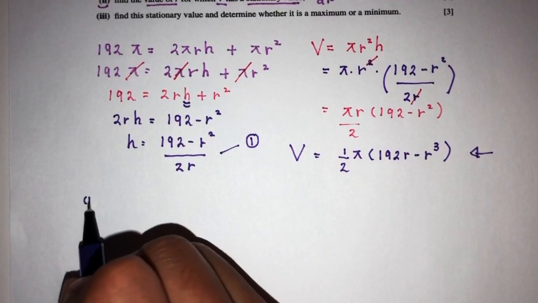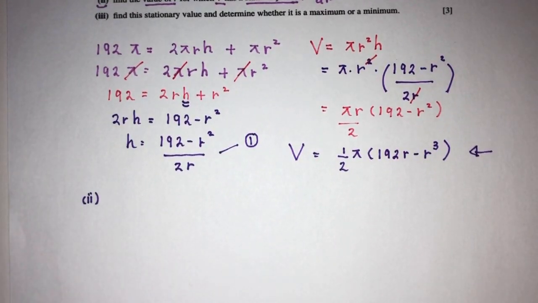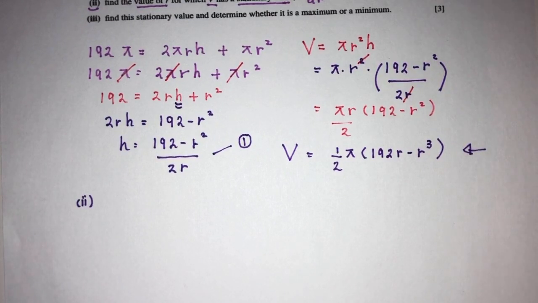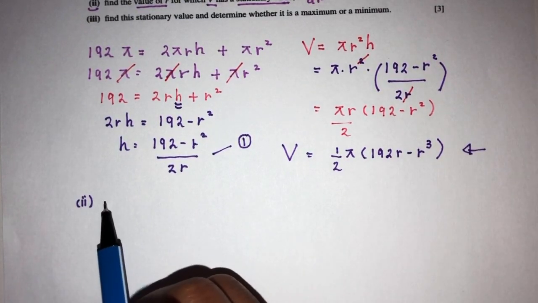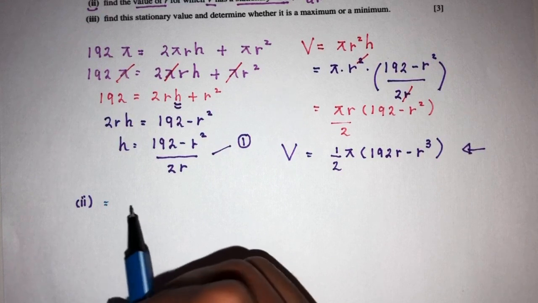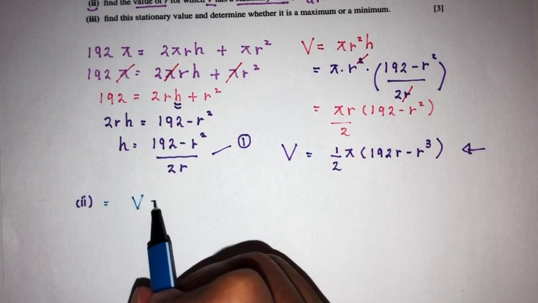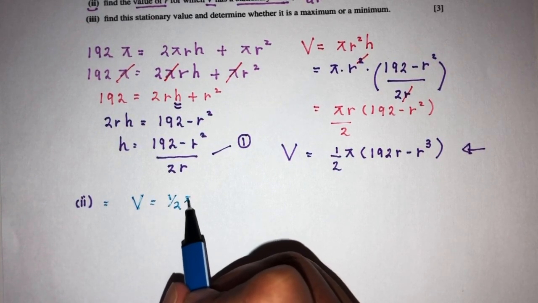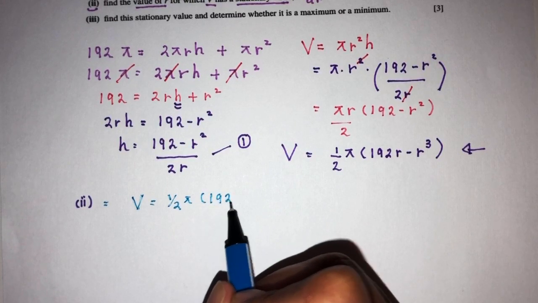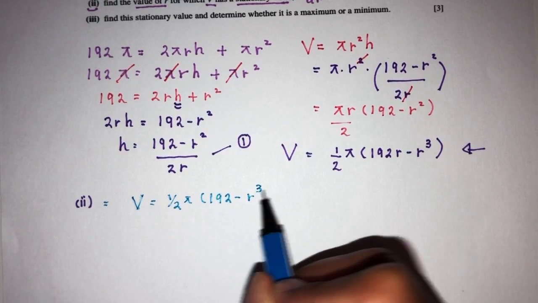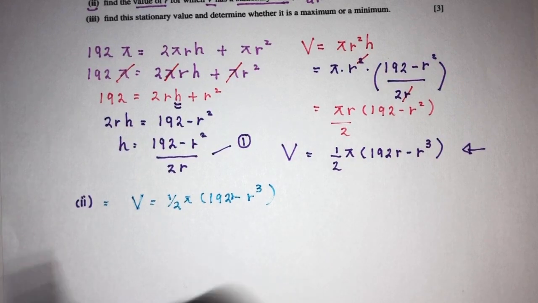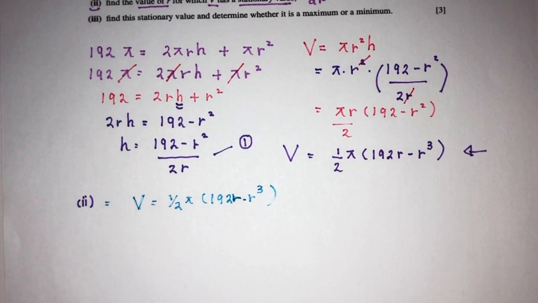Okay, so let's write this down. For part 2, we have this equation that we have to use, which is this. So part 2, we have V is equal to half pi (192r minus r cubed) as required. This is r here. Don't forget this one, very important.